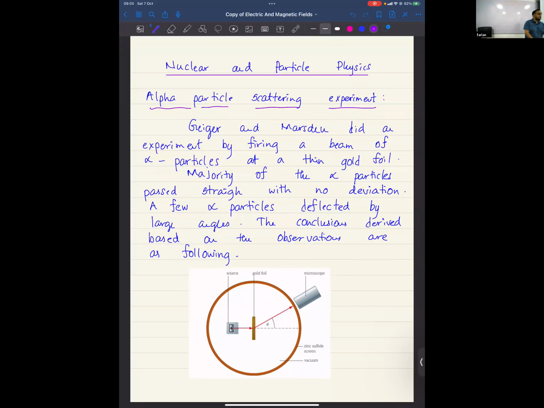This is the last part of Unit 4, the last topic for Unit 4. Under that, the first subtopic is the alpha particle scattering experiment.